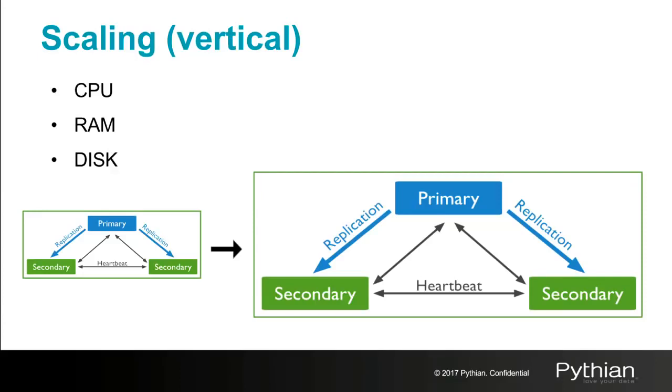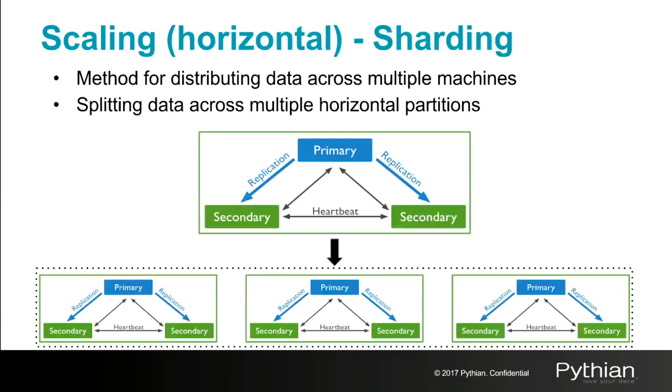We can add more CPU, we can add more RAM, we can even increase the disk size or have faster disks. But at some point of time, we're limited. We cannot scale our hardware indefinitely. So what MongoDB allows is horizontal scaling, or sharding.